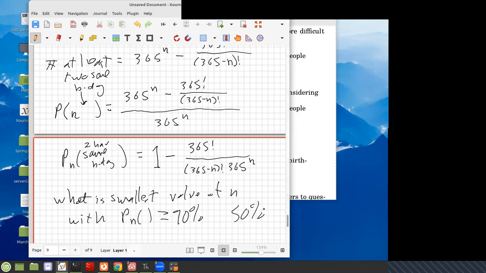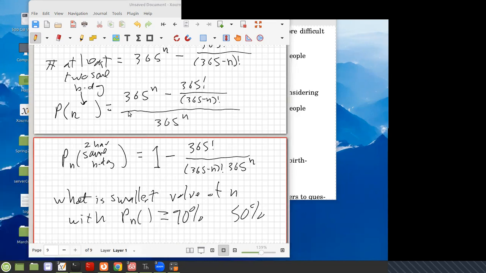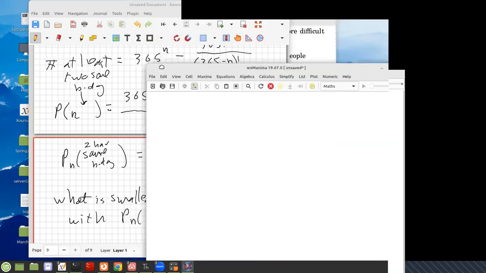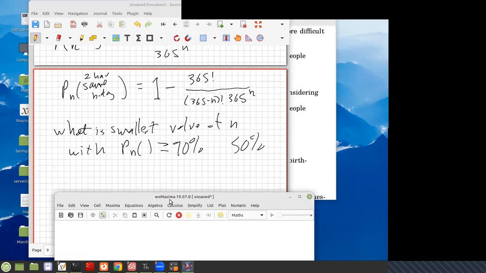Okay, well, you have to do that with a formula, right? And the way to do that is with wxMaxima, or another program like wxMaxima.